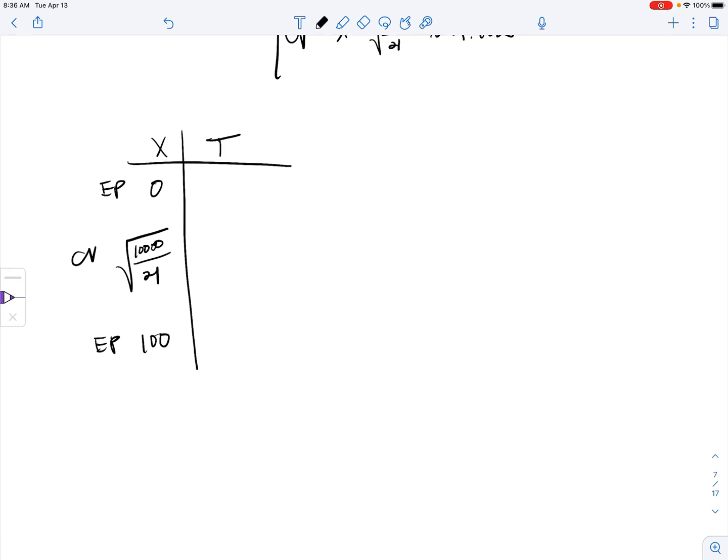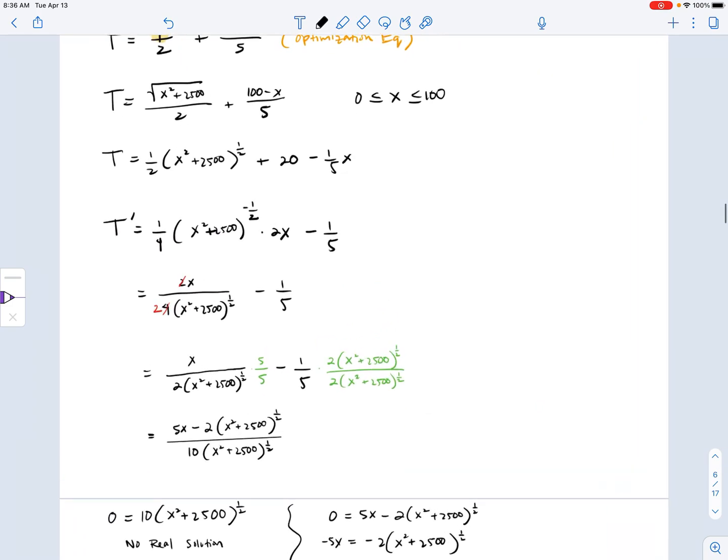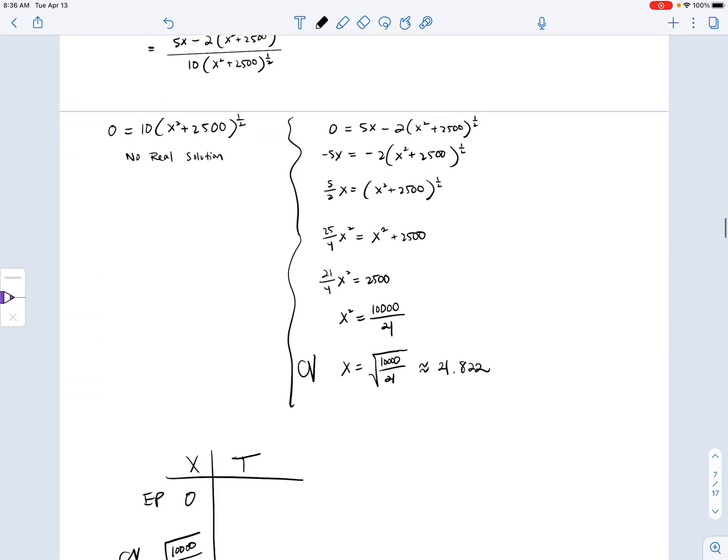Okay, so then I'm going to plug each of these values into our equation for time that's written in terms of x.